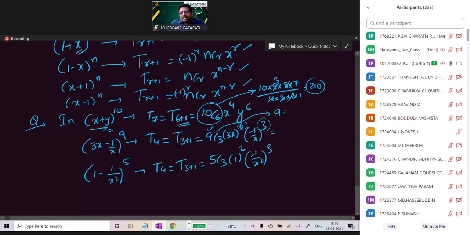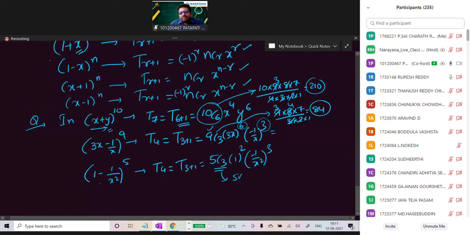9C3. Starting with 9, right? 3 numbers, divided by 3 factorial. 3 3s are 9, 2 4s are 8. So 28 into 3, how much? 84, right? 5C3 is same as 5C2, which is 10.